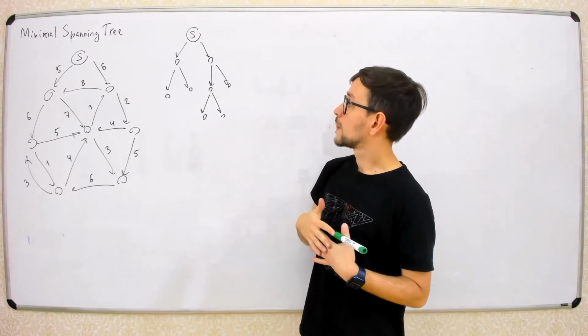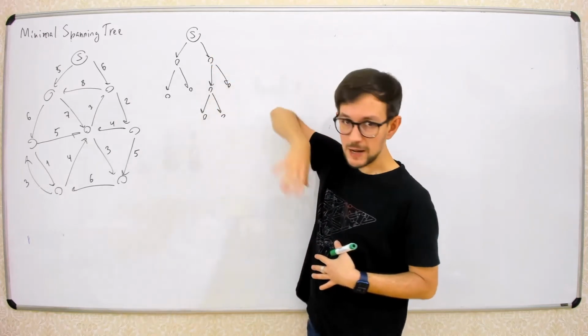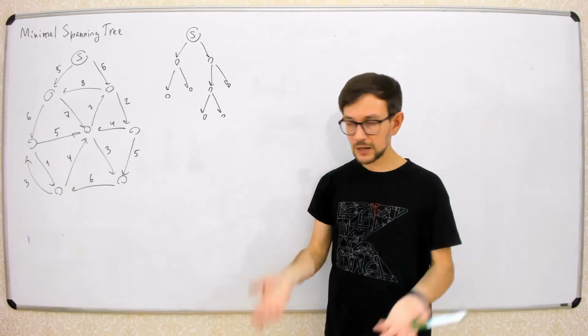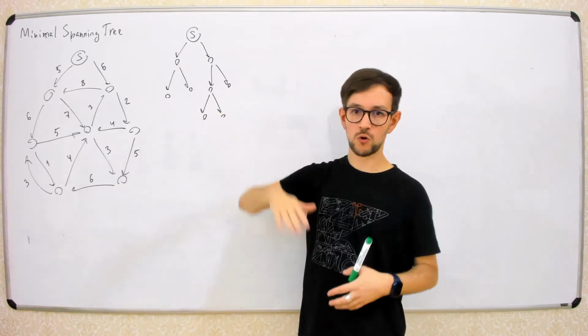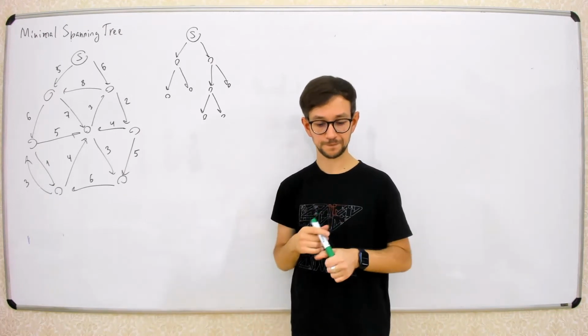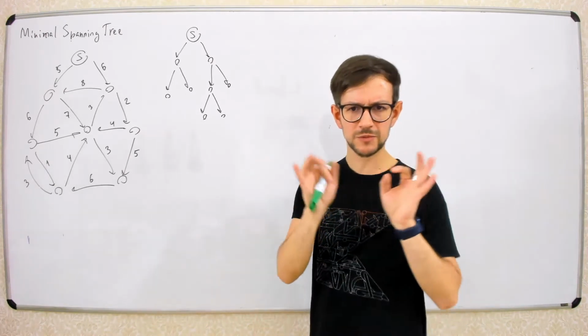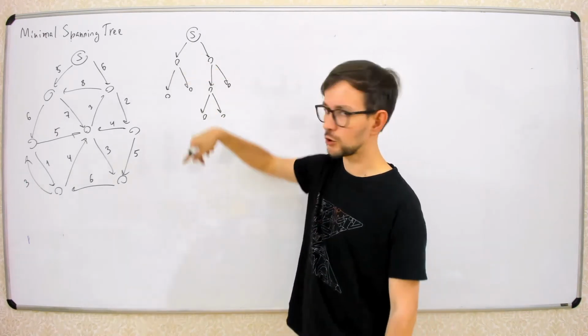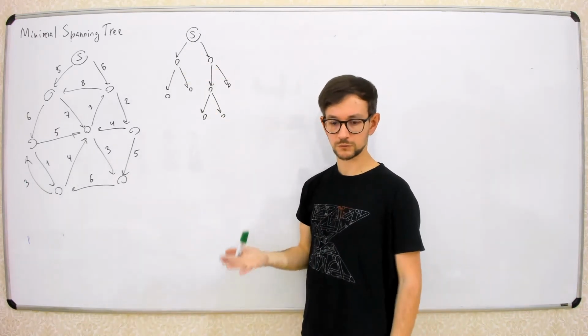So I want to be able to move from node S to every other node, and I want the total cost of all these edges to be as small as possible. That's the problem. Okay, is the problem statement clear? So I want to build a tree like this with minimal total cost of all edges in this tree.